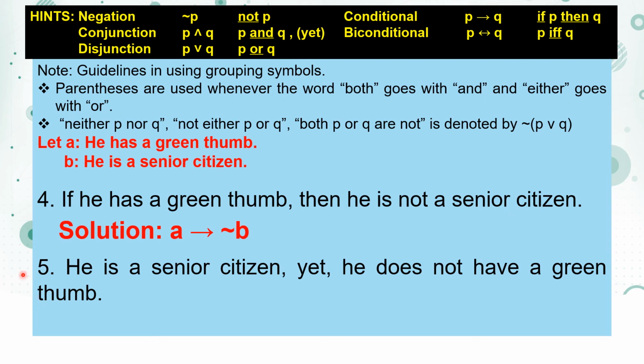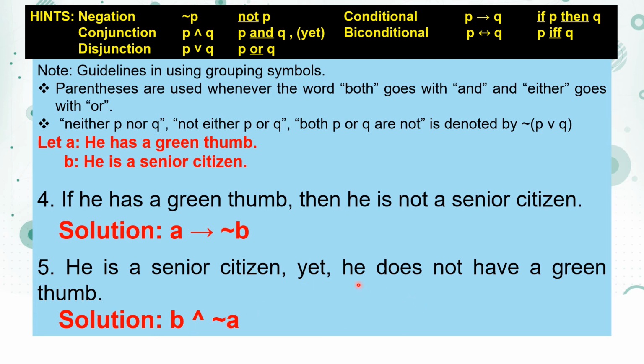Next, the last, we have, he is a senior citizen, yet he does not have a green thumb. So "he is a senior citizen" is the proposition B. So we write B, and the word yet is the keyword for conjunction. So we write the symbol inverted V as the symbol of the word yet.